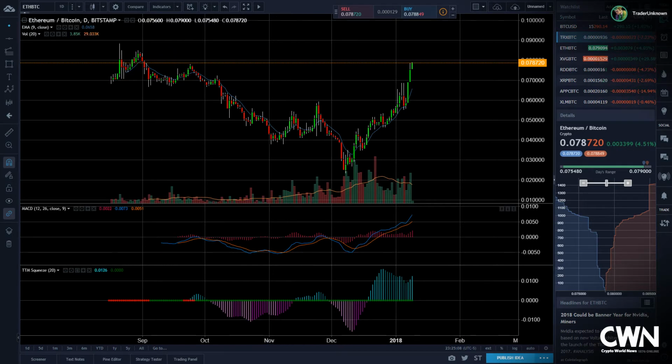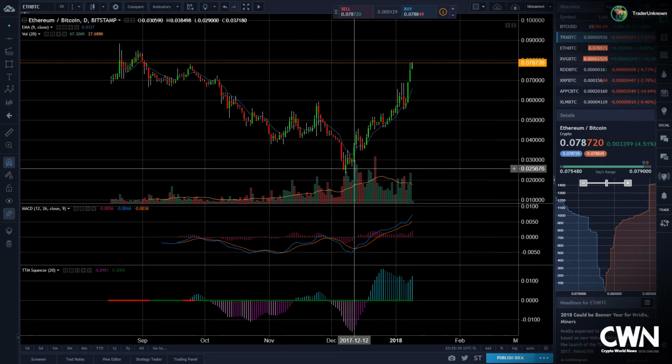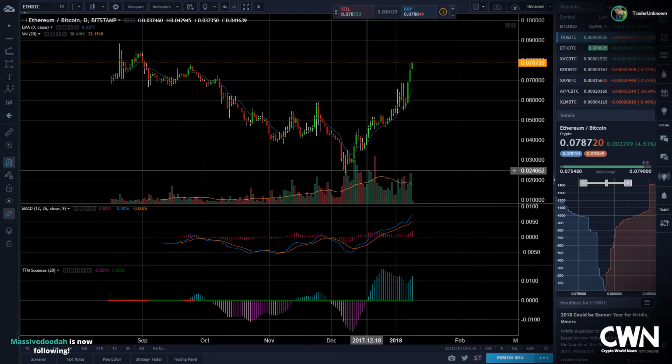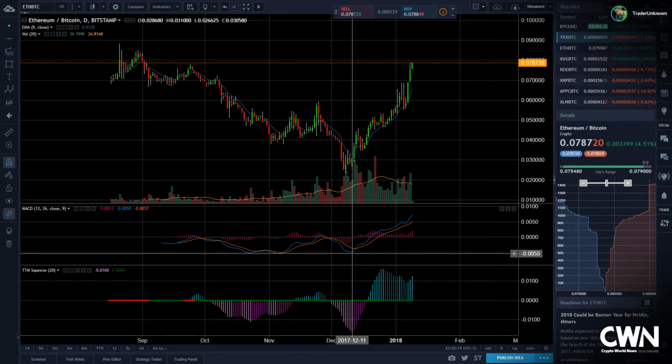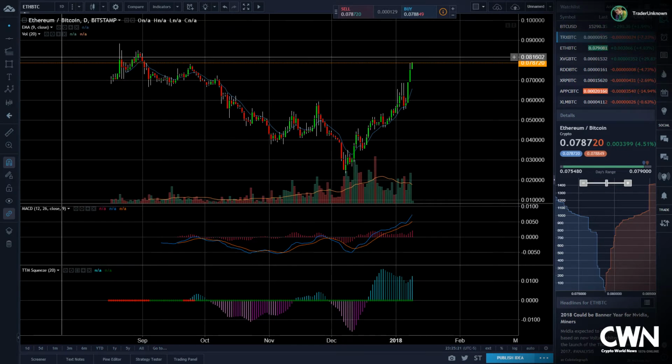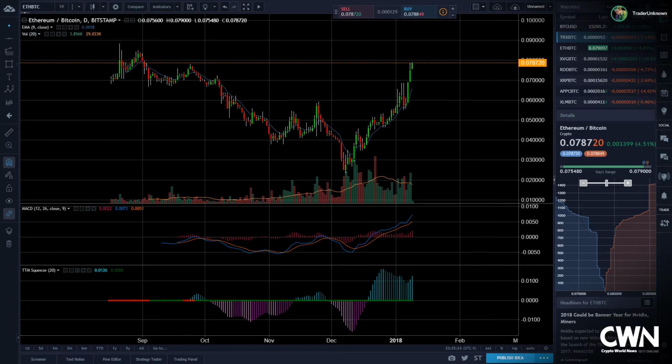Now, look how the price down here made a lower low in the price chart, but MACD made just a slightly higher high. I know it's not really there, but it's slightly there. So let's grab our trend line and look at that.